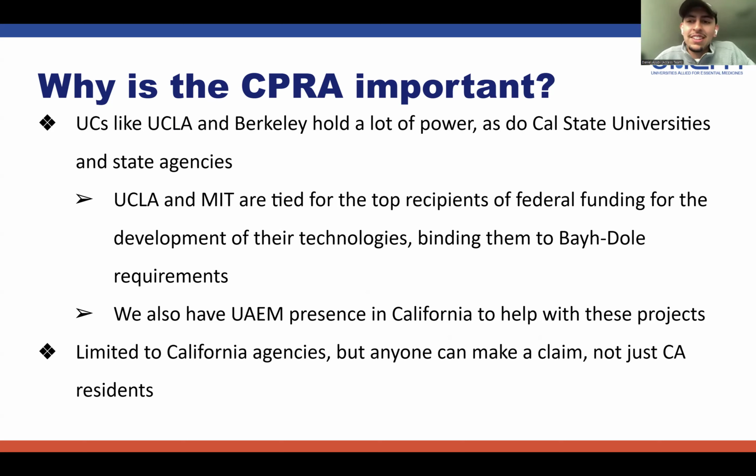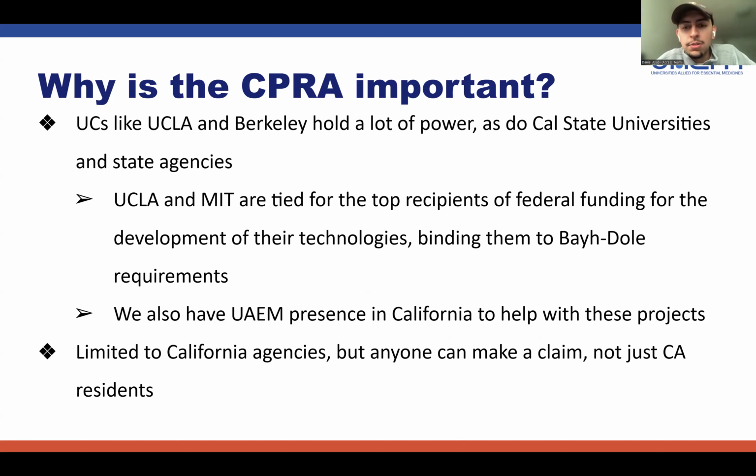And then also UCLA chapter and others. And also, the CPRA is limited to California agencies, but anyone can make a claim. So you don't have to be a California resident. You don't even really have to be a citizen. Anyone can make a claim to a California agency that the public deserves to know what documents you're looking for.